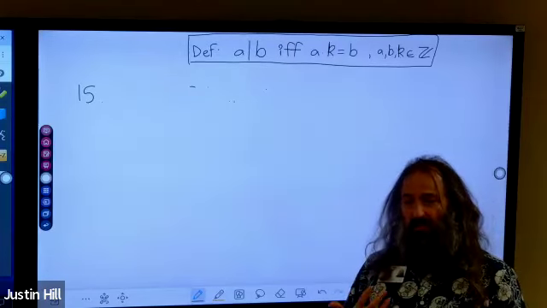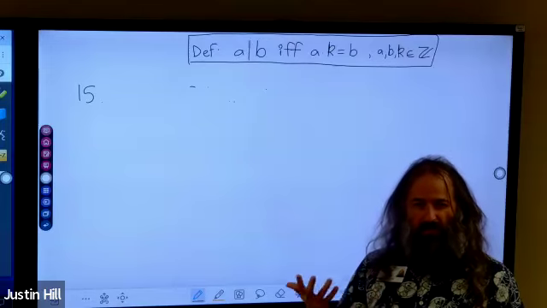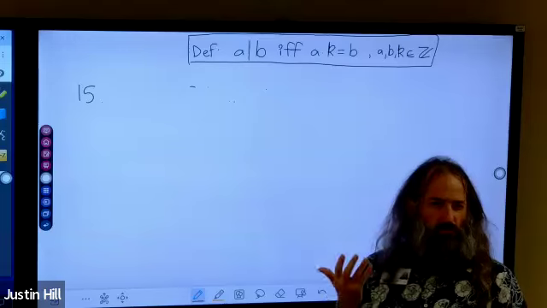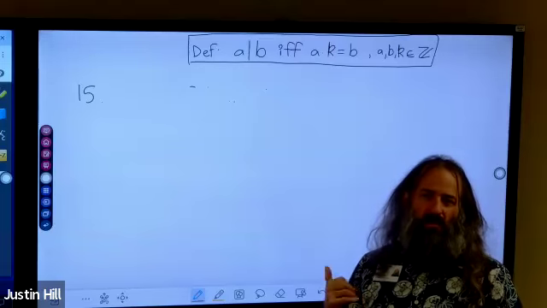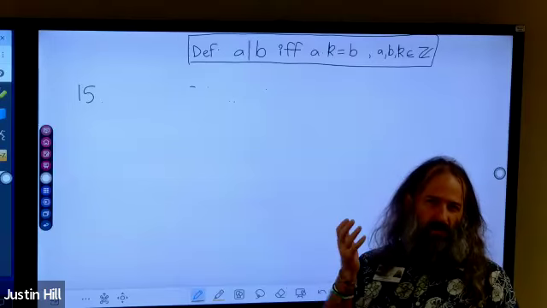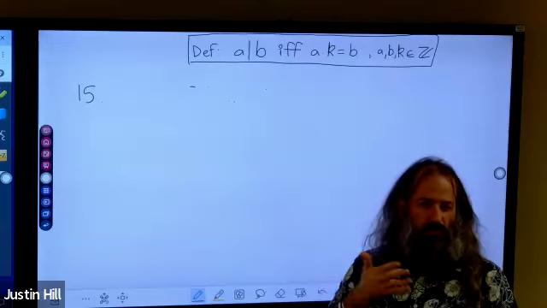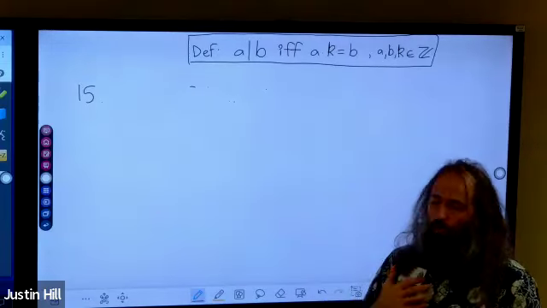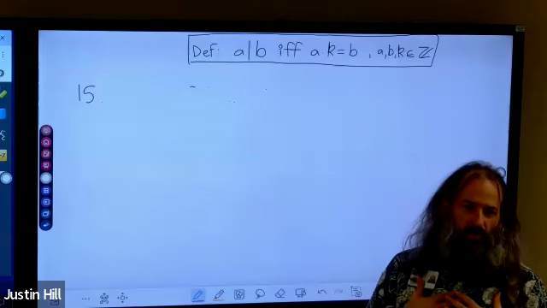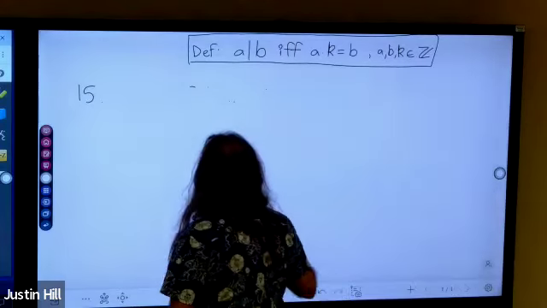And at least to me, it does seem plausible. It seems like if A divides B, then in some sense, B is just a certain number of A's, right? And if A divides C, then C is another number of A's. And if I add the two together, then I should be able to add the number of A's together. So it should work. Because it seems intuitive to me that it should work, I'm going to try to prove this is true, and let's see where it gets.